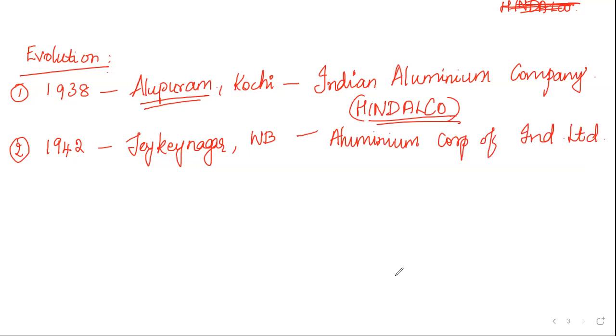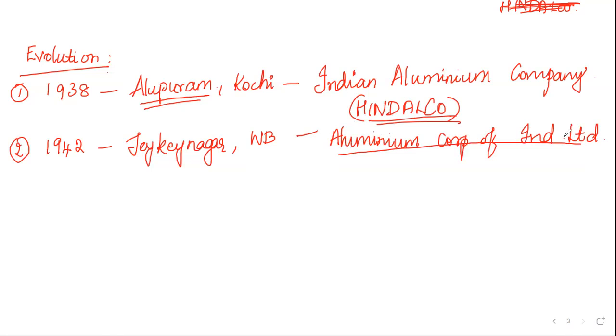Now, the names are quite important. The evolution is quite important. So listen to this. There is one important characteristic with regard to the Aluminium Corporation of India Limited.